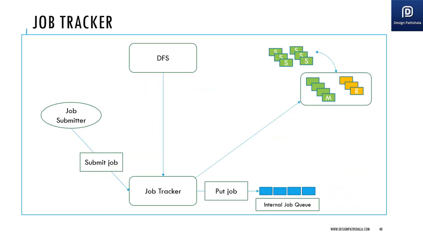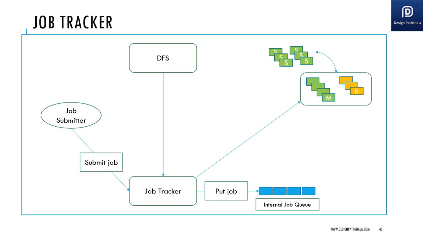That job is placed in the queue of the job tracker. Whenever the job tracker knows that some data nodes are idle or have the bandwidth to run new jobs, it picks jobs from the queue and assigns the tasks of the job to the task trackers which can run them.